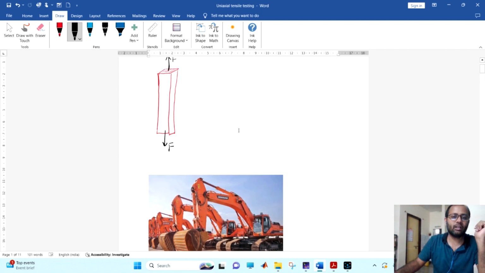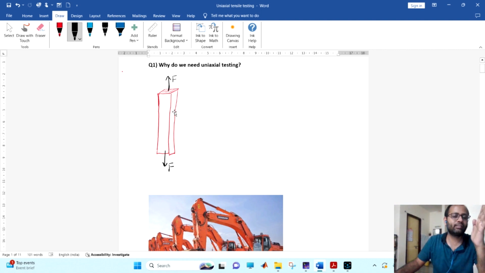But we are doing the testing in the uniaxial direction. Why? Because with the help of failure theory we can convert this uniaxial test result into biaxial or multi-axial loading conditions.